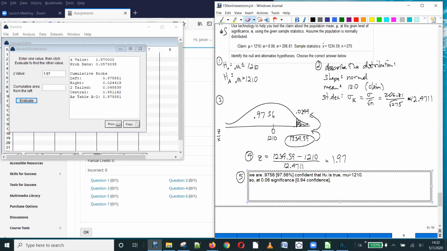So then the question is, do we have that much? So do we have 0.94 confidence? Yes, because we had like 0.97. So clearly 0.97 confidence satisfies asking if we have 0.94 confidence.